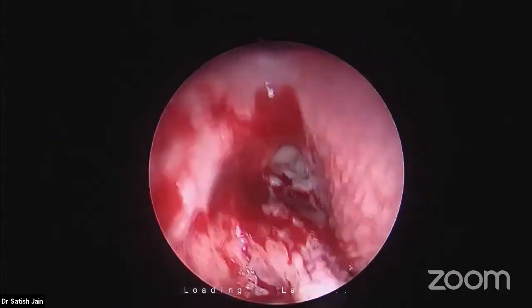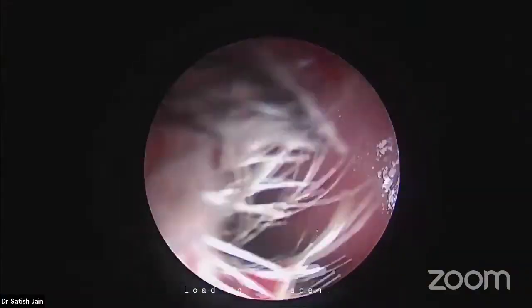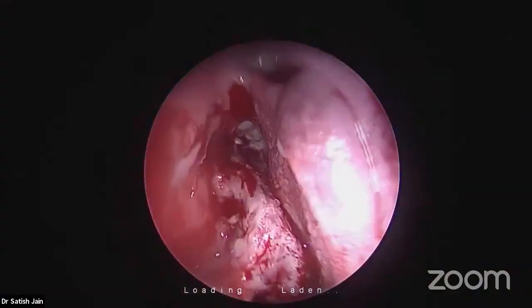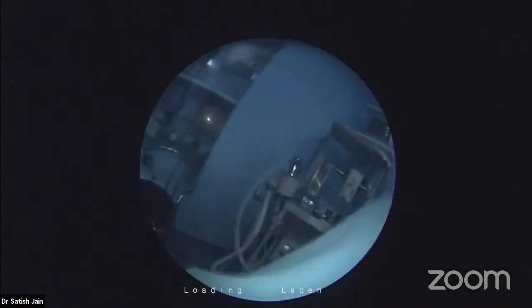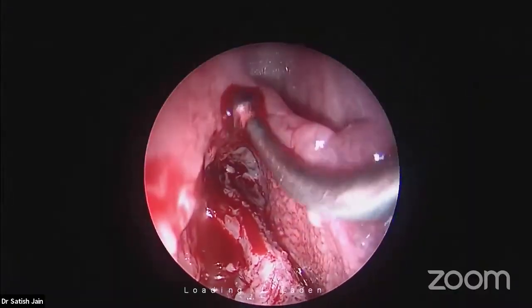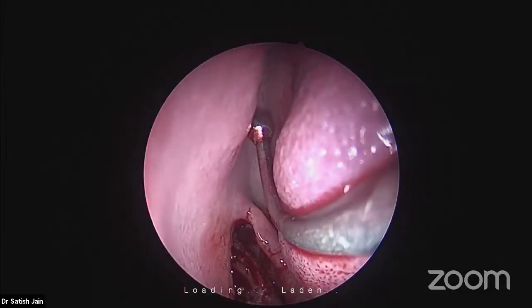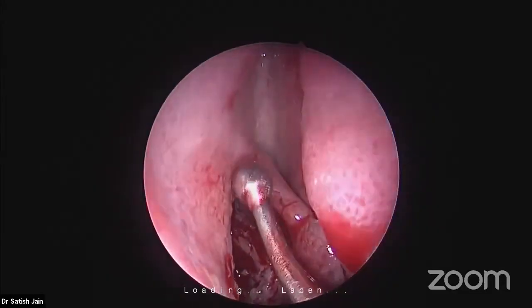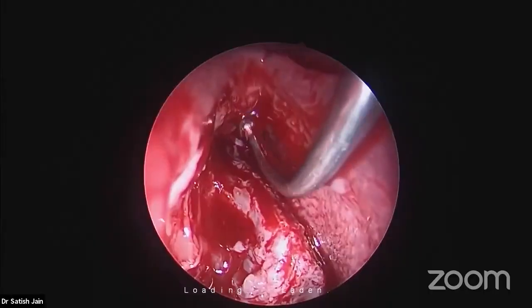See this turbinate? What I have removed is the part of the agger nasi. See this? For my frontal sinus, it's like a box. See, this is the floor of the frontal sinus. This is all the floor. Here is all the frontal sinus right from anterior to posterior. And this floor is formed by this beak.